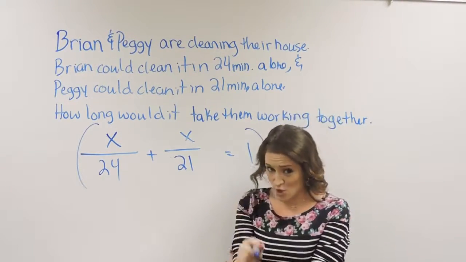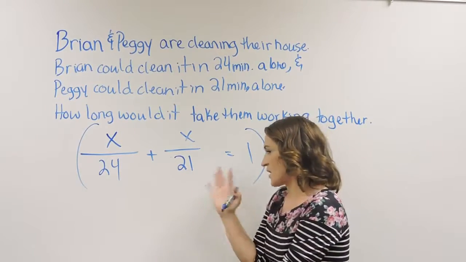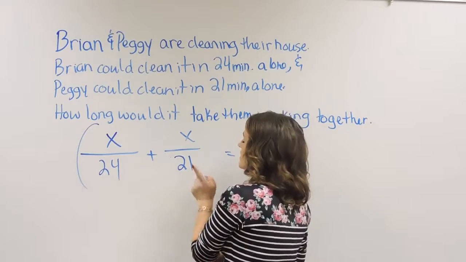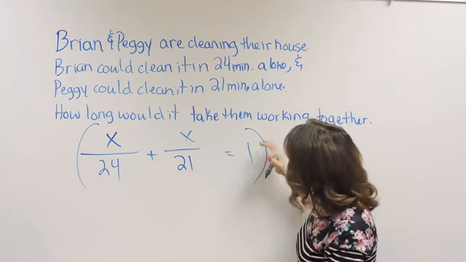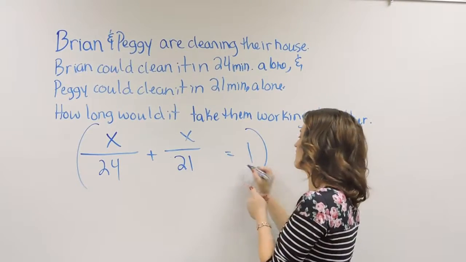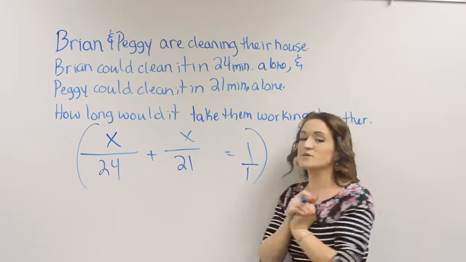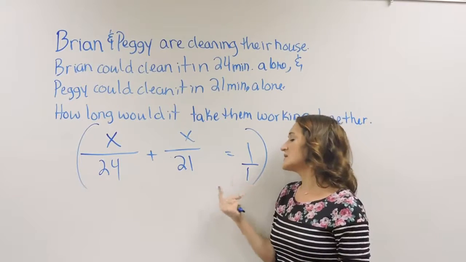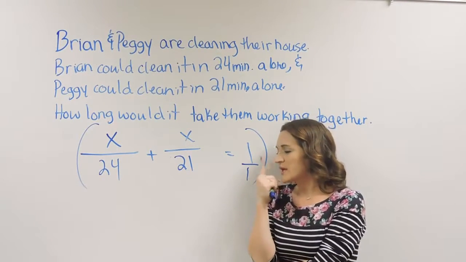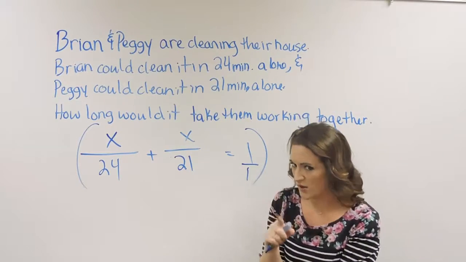Well, that means I have to know what my lowest common denominator is, right? So if I'm looking at my denominators of a 24, a 21, and then technically a 1 over here, because remember, anytime we make a whole number into a fraction, we can do it by putting it over 1. So we need to stop for a second and think, okay, 24, 21, 1. What is my common denominator here?